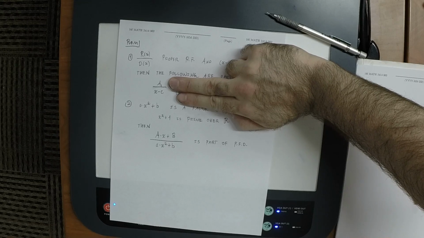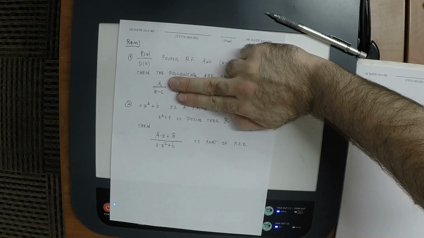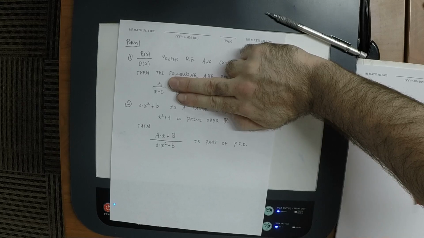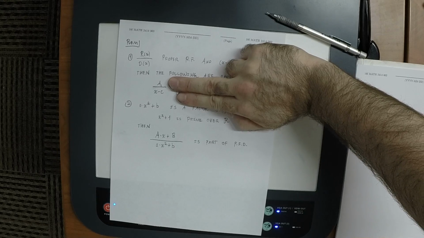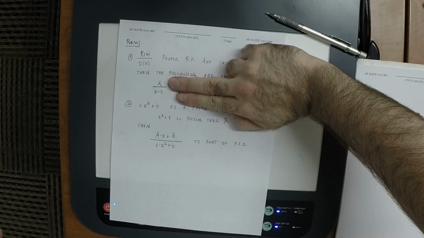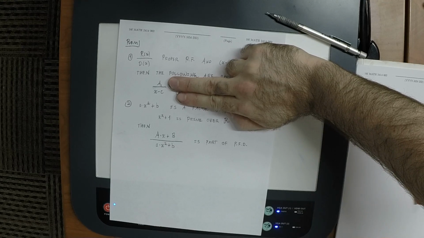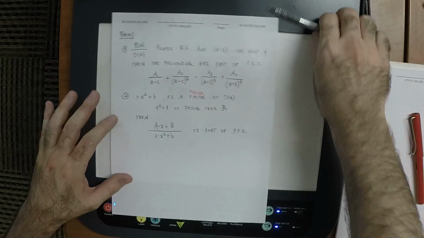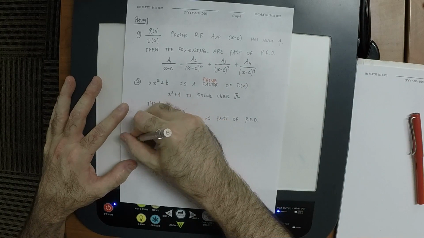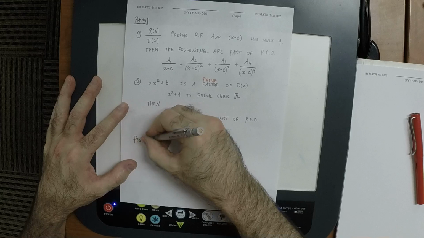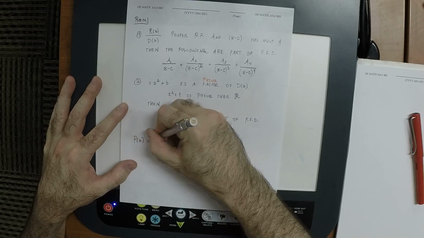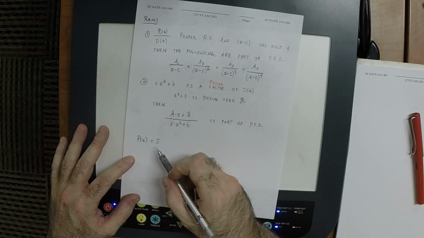For every x you input, out comes a 5. Now, is that a polynomial? So if I write p of x equal to 5, is that a polynomial?